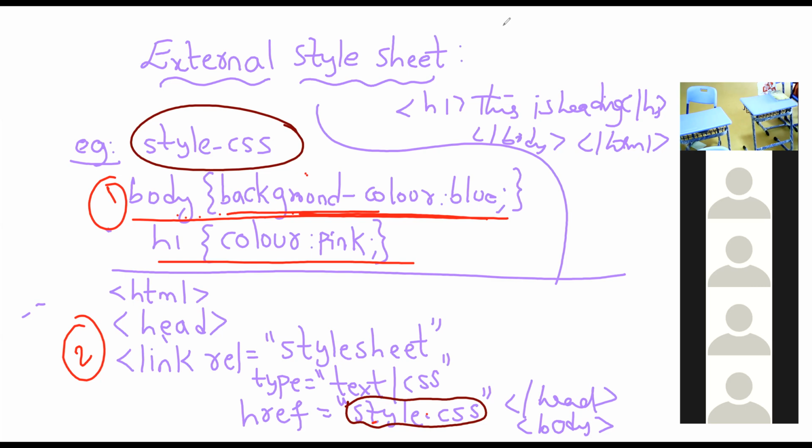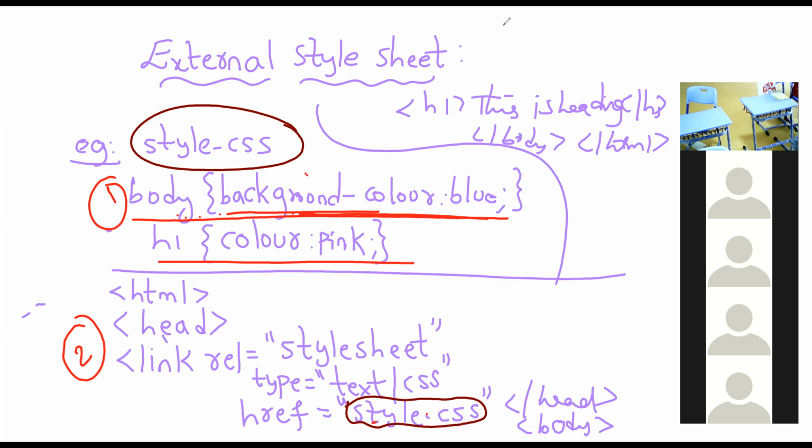Internal means the complete web page. N number of elements will be there in one web page, so we can apply this internal style sheet to all those elements. Coming to external, we can apply it to n number of web pages.